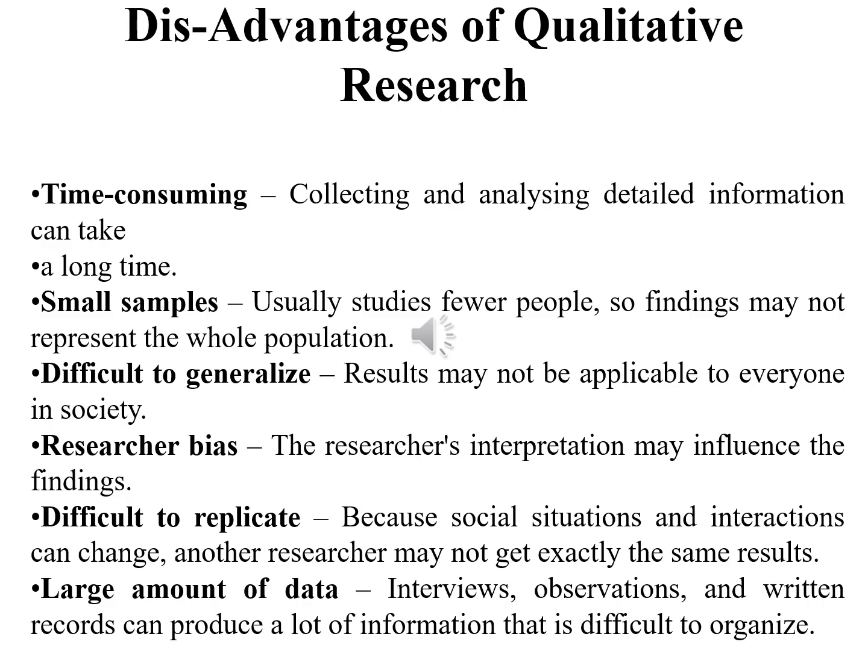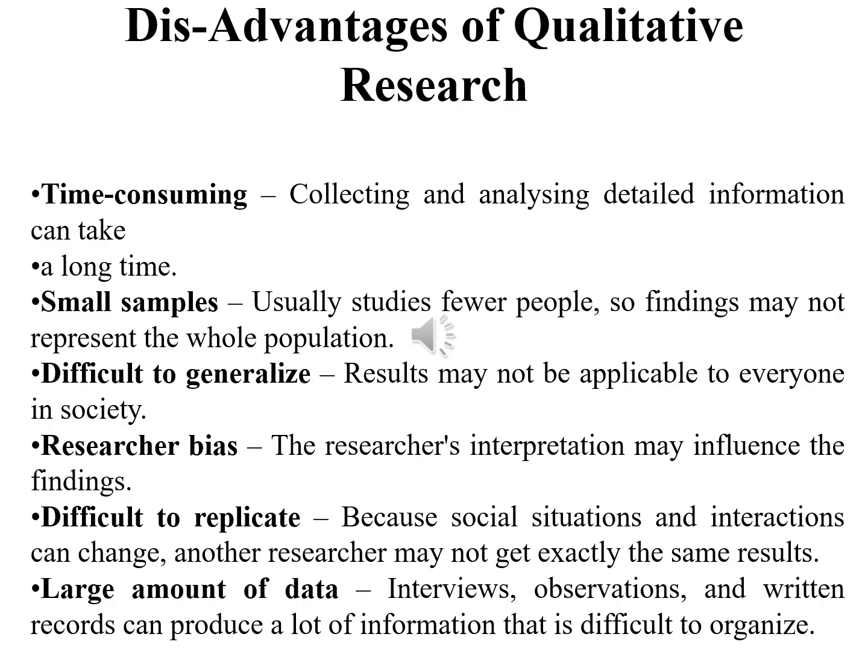Next, we are having difficult to replicate. It can be difficult for another researcher to repeat the exact same study and get exactly the same result. Why? Because people's feelings, relationships, and social situations also change over a period of time.